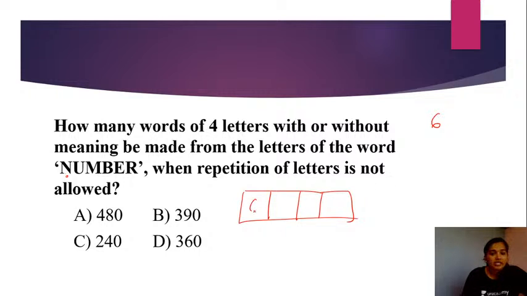So you have basically 6 possibilities to fill in, and then 5, 4 and 3. So what would this value be equal to? Can I have your answers, students? What will be the right answer for this question here?